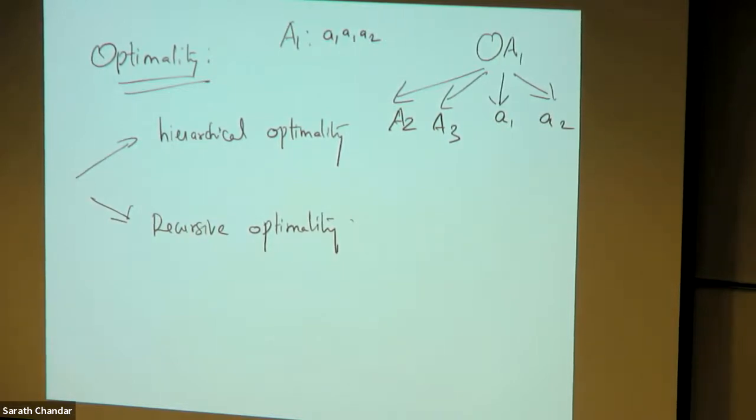But my A1 could have many levels of hierarchy. When I take A1, A1 might decide to call A2. Let's go see what A2 has. Maybe A2 has A5 and some primitive actions, A3, A5. Now A2 can decide to call A5.